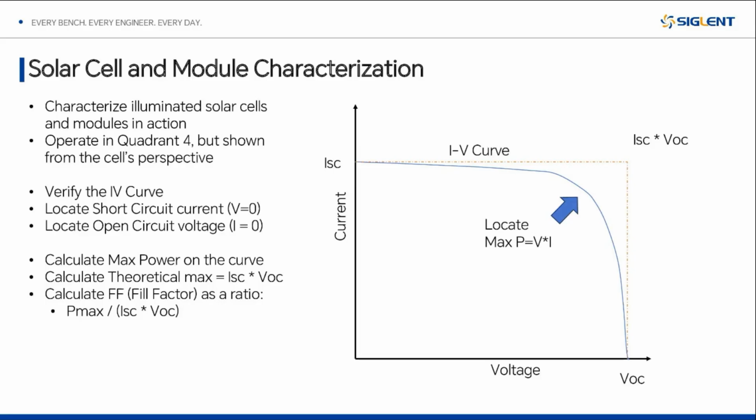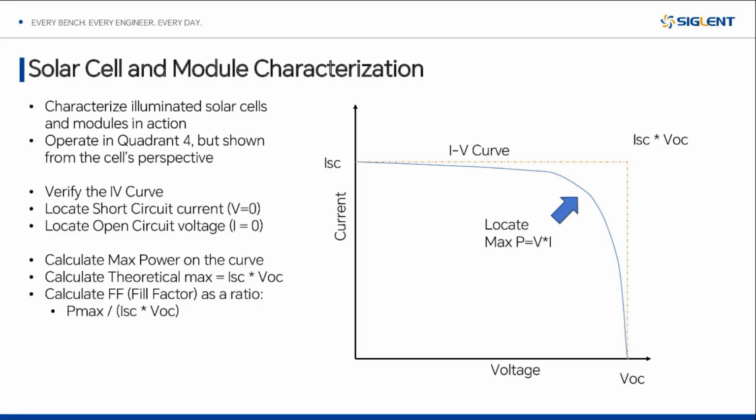So fill factor for a solar cell is really a measurement of efficiency, and it's the ratio of the max power under certain illumination conditions versus the product of the short circuit current and the open circuit voltage, right?